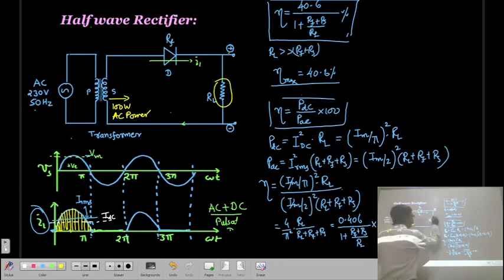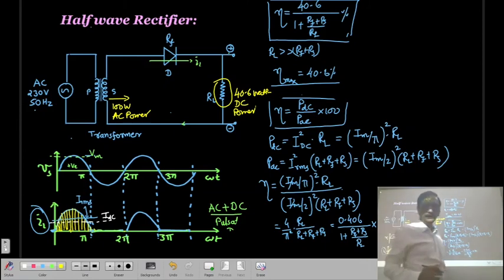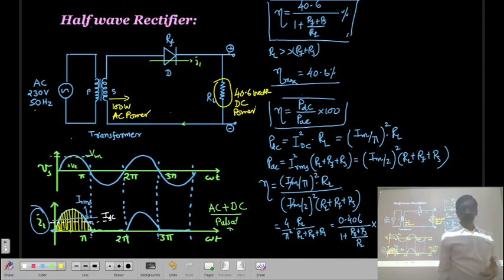Then in the load resistance RL we get at most 40.6 watt of DC power. That is also in the ideal case. Remember, 40% is possible only if the value of RL is very high. But if it is not, then the efficiency will be roughly 30 to 35%.